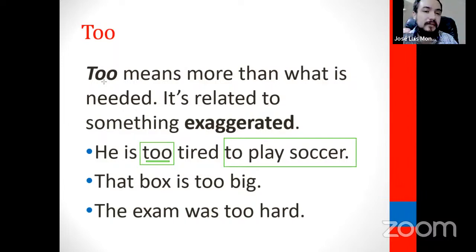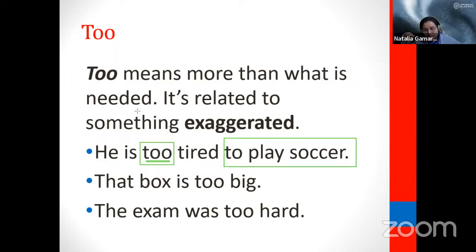But everything is affirmative. But the meaning of that affirmative sentence is negative. When you use too tired, for example, in the first sentences, to is for affirmations, and too is for when you have more expectations and a higher level than what you need.